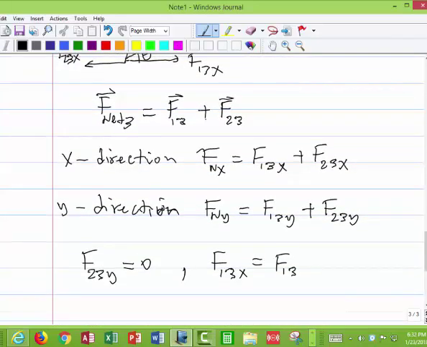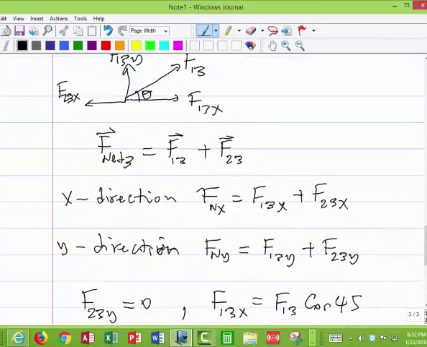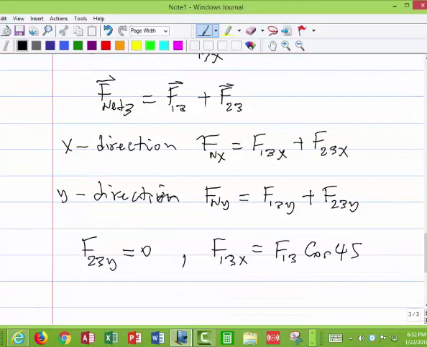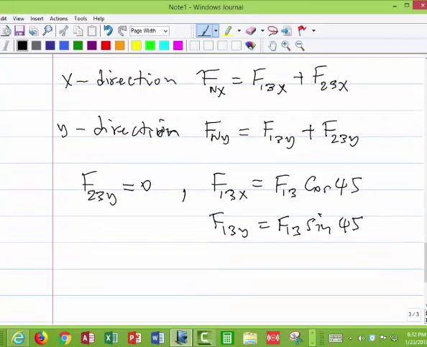So F13x is equal to F13 cosine 45 because we know the angle is 45 degrees, and F13y is equal to F13 sine 45, and then F23x is just equal to F23.